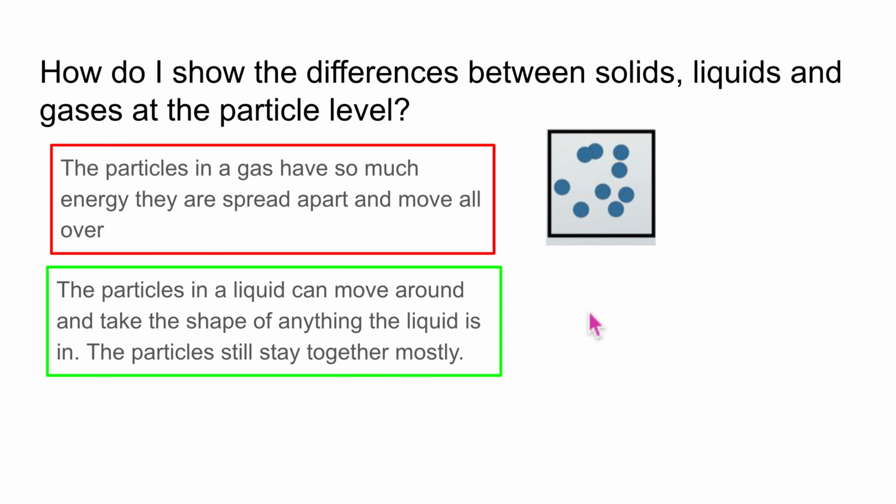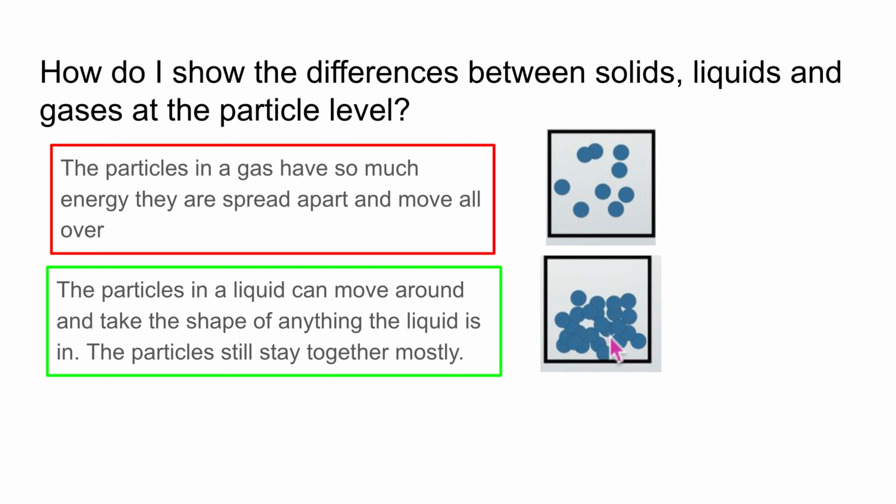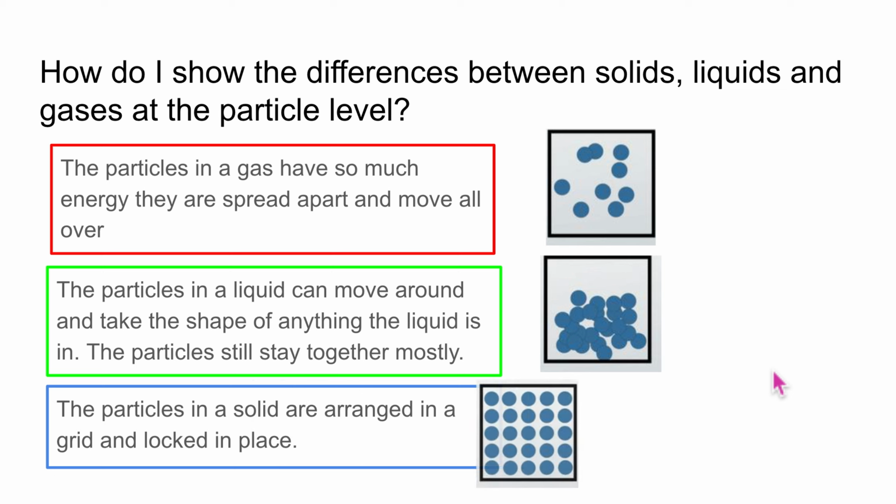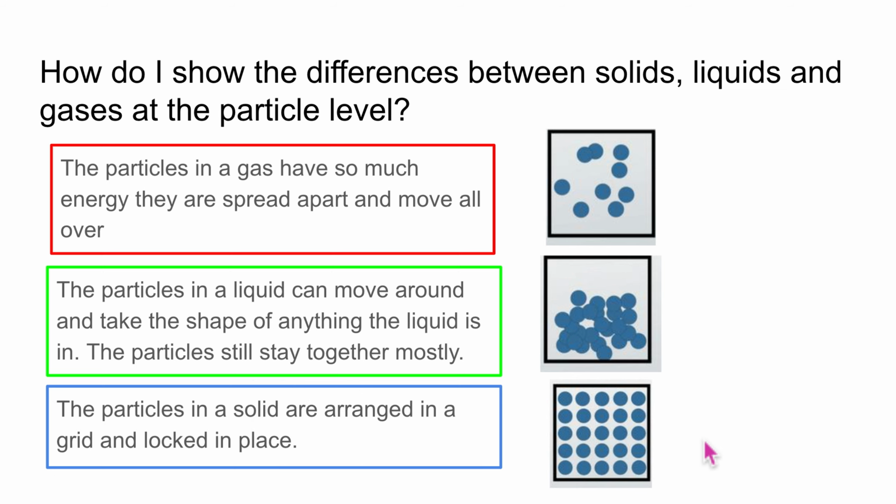In a liquid, the particles can move around and take the shape of anything the liquid is in, and the particles will stay together mostly. So a raindrop stays together because it's liquid. It has a medium amount of energy in the molecules, and I might represent it that way. And in the solid, the particles are arranged in a grid and they're locked in place. So I might draw my solids like that.